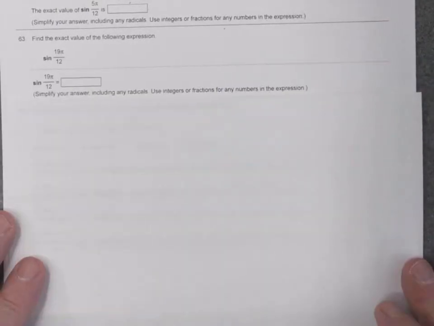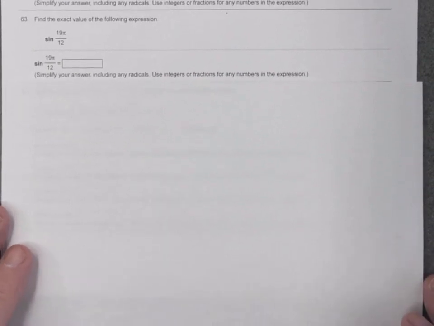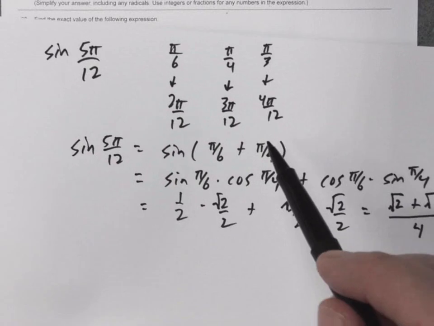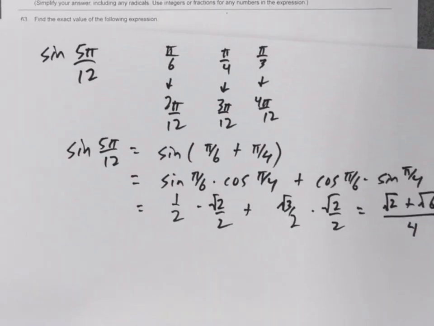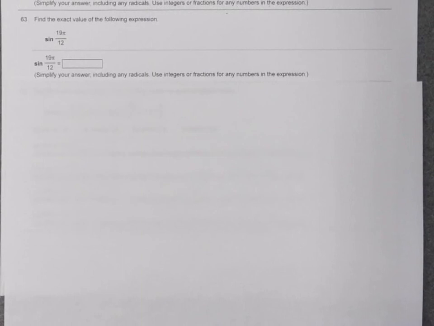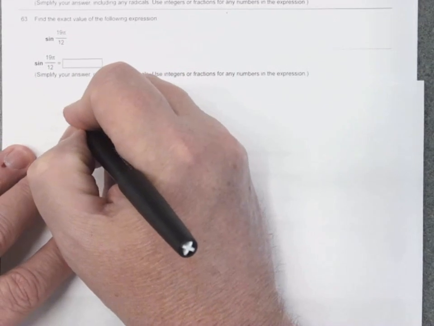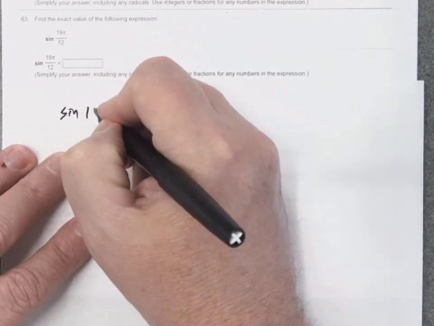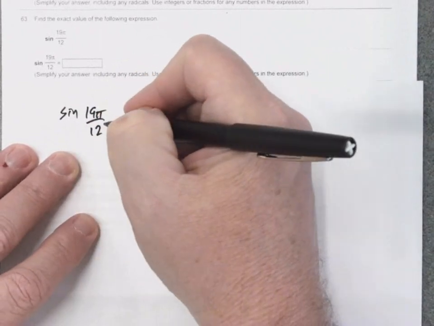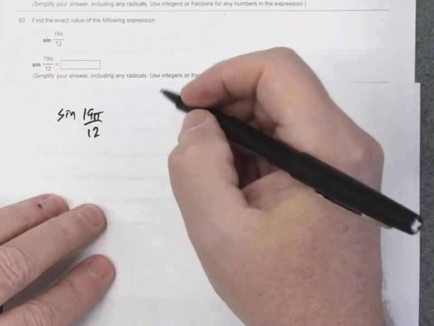And this one is sine of 19 pi over 12. If like the one I just did, I tried to add them together, this is like 7 pi over 12, so I need to get some bigger values from my unit circle. So let's just start looking.